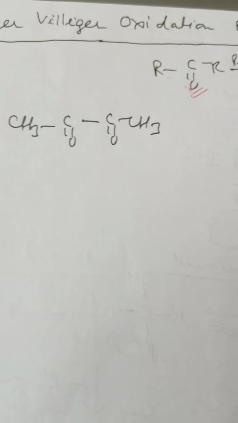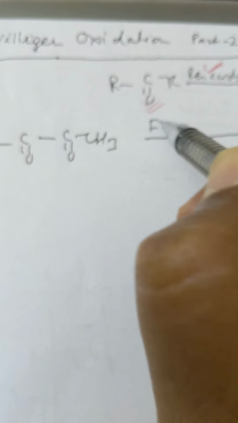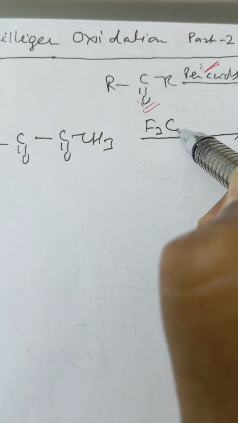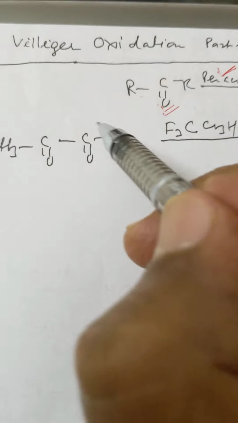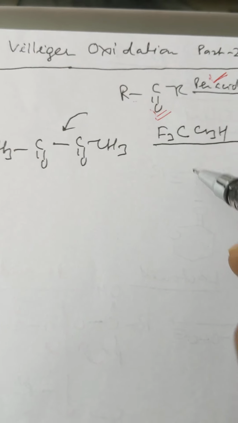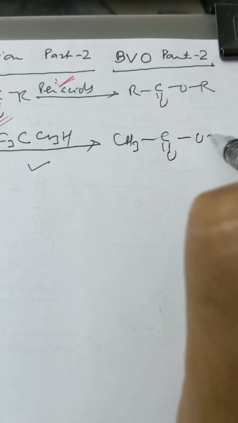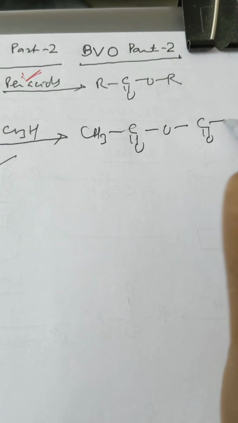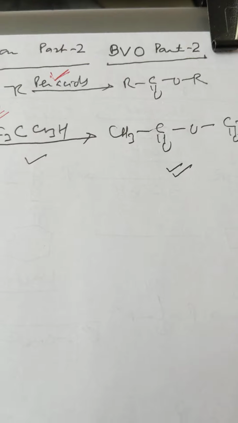Here we have 1,2 diketones, and 1,2 diketones on treatment with, say, trifluoroperacetic acid, oxygen in this case will be introduced at this position, and this oxygen is coming from this peracid, and as a result the product formed will be acetic anhydride.